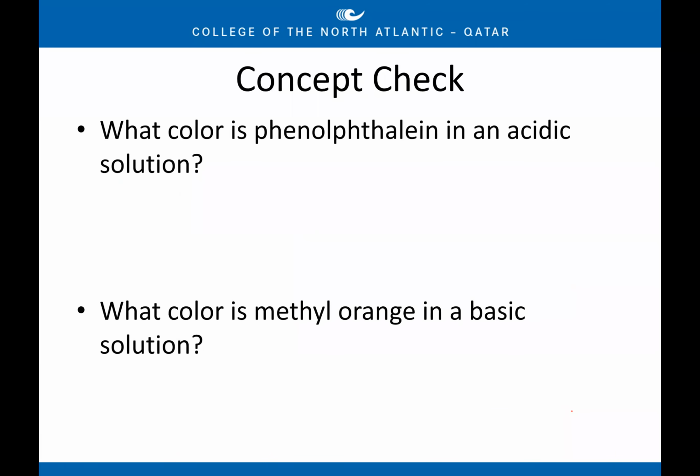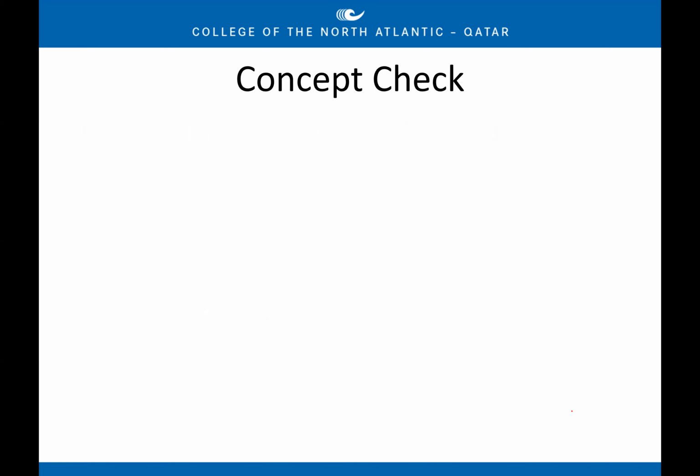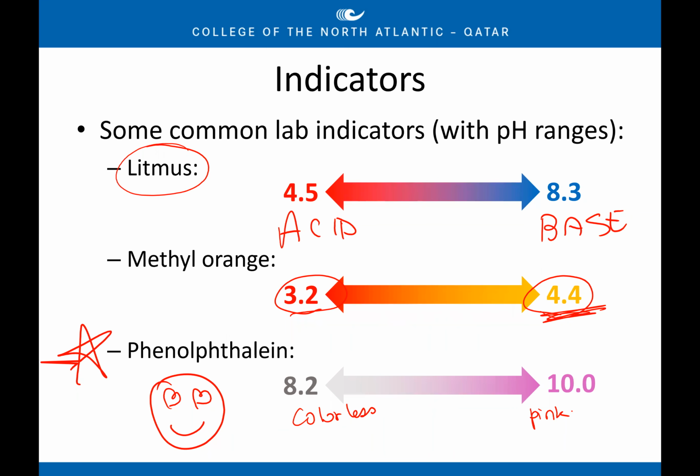Okay, so I got one question. This is a silly question, but we might as well do it. What color is phenolphthalein in an acid? What color is methyl orange in a base? So let me clear my screen.